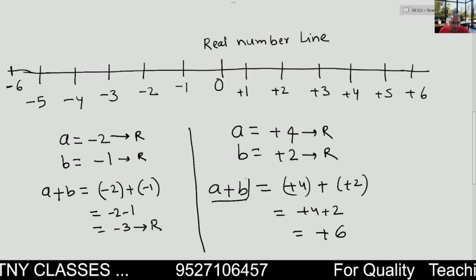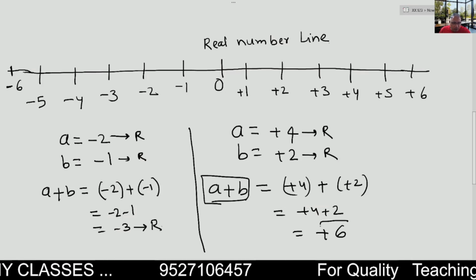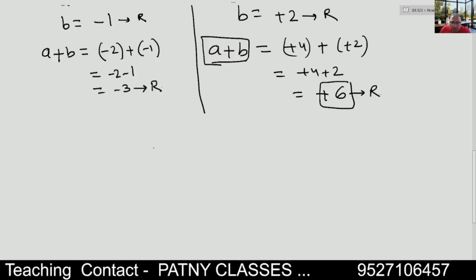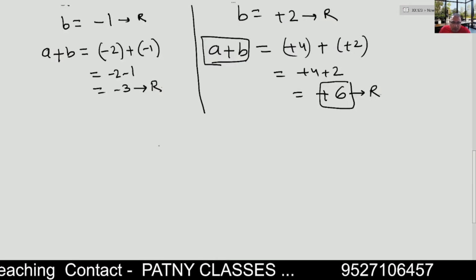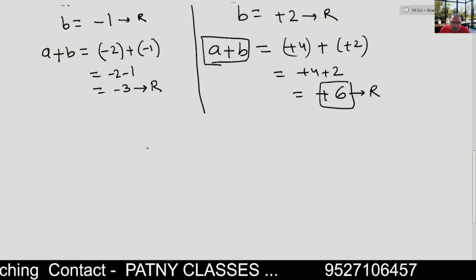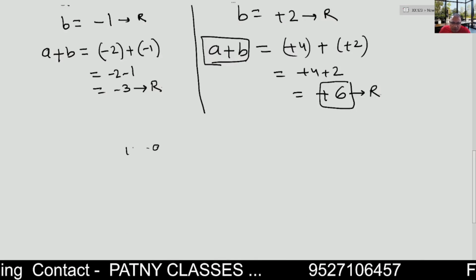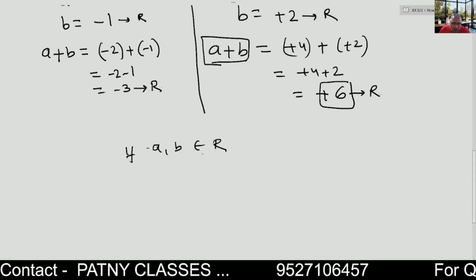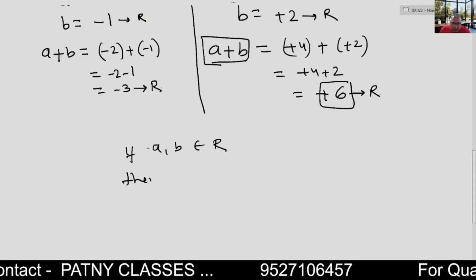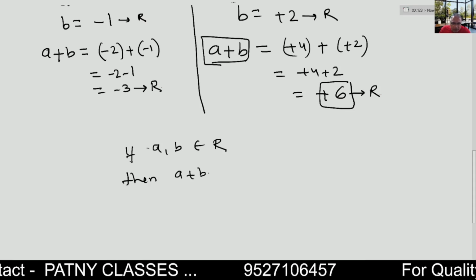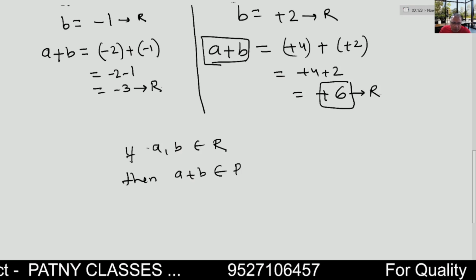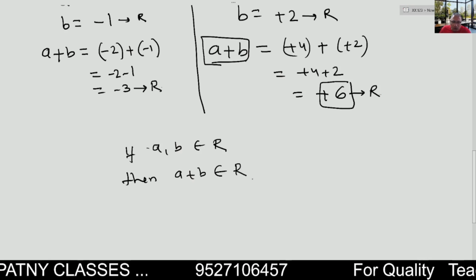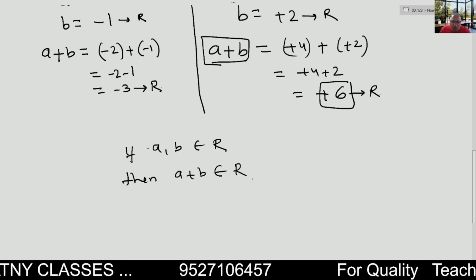When we added the two real numbers, we got +6. +6 is also a real number. The above mathematical calculation can be easily stated as: if A, B belongs to R, then A plus B also belongs to R. This property is called closure property of addition.